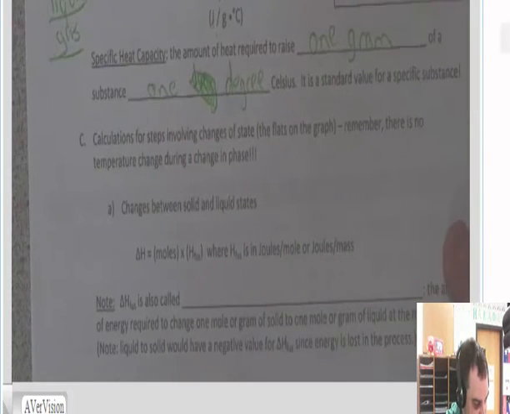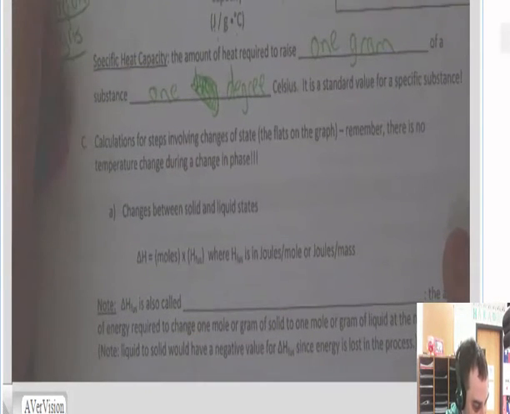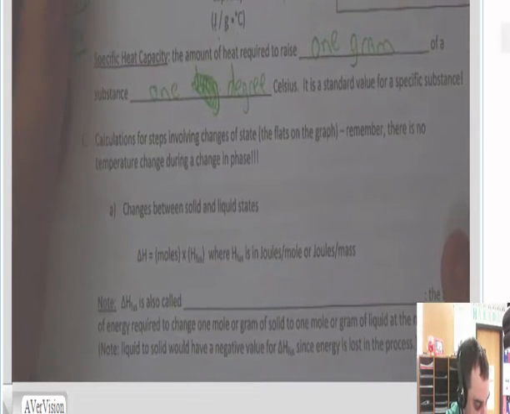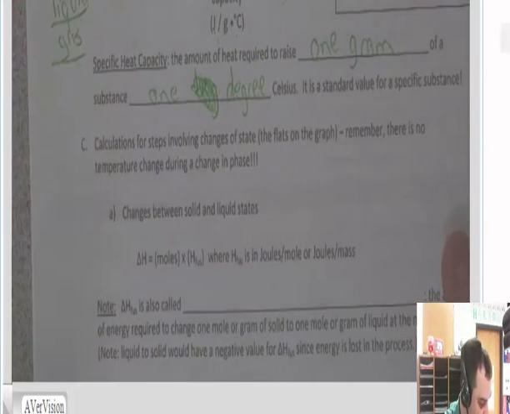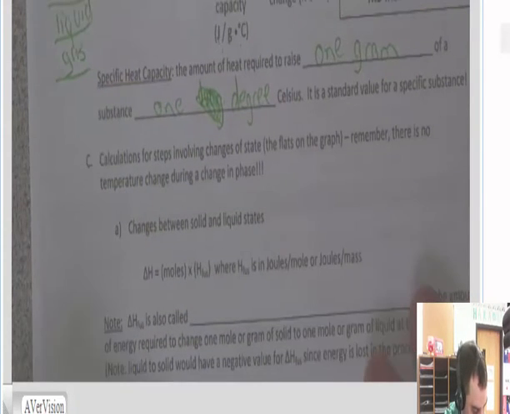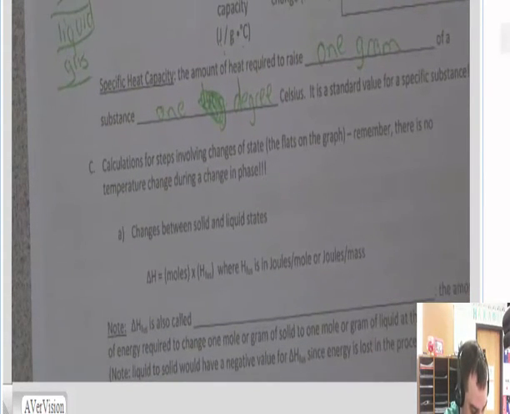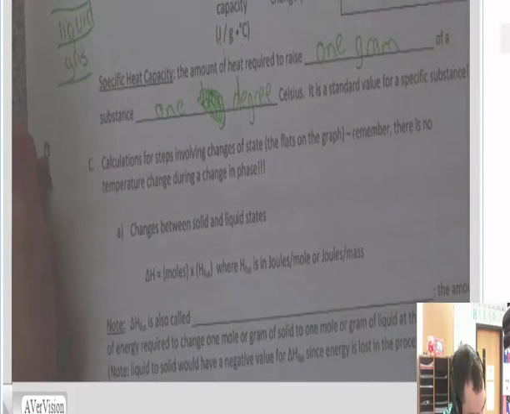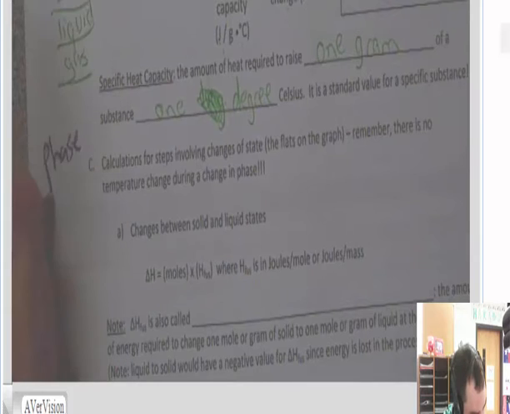Now, that's the solid, liquid, and gases. That's the phases. This is what we're going to do for the phase changes.